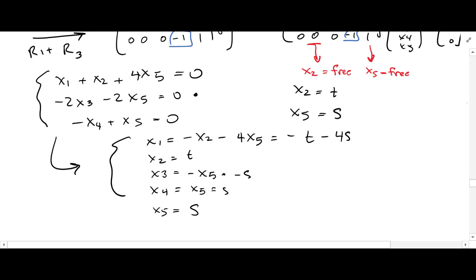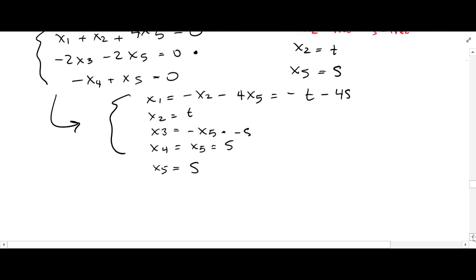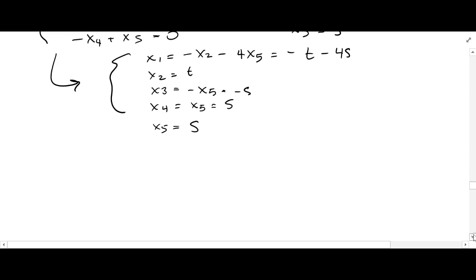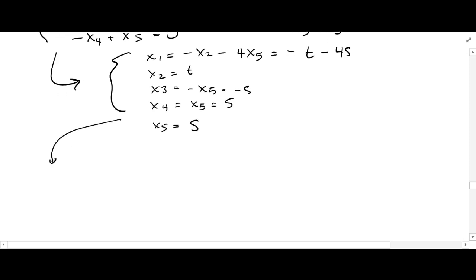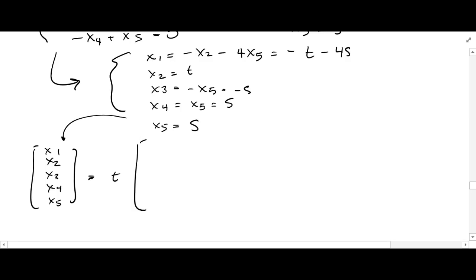From here, you can factor out all the coefficients of the t's and all the coefficients of the s's. So this says x1, x2, x3, x4, x5 is t times: the coefficient here is negative 1, so you get negative 1; the coefficient here is 1, so you get a 1; and then 0, 0, 0.